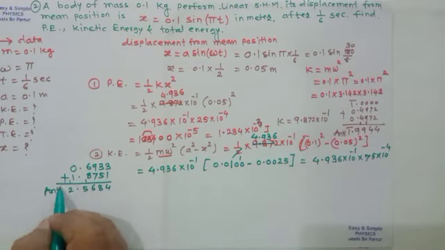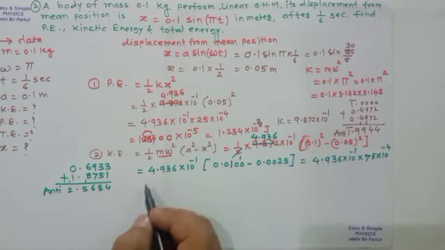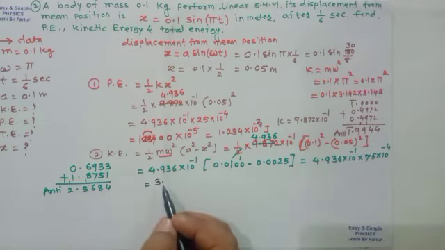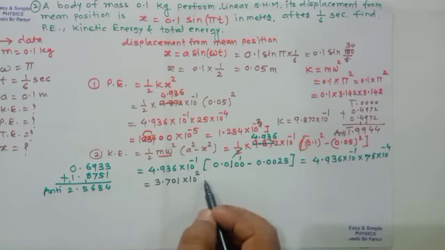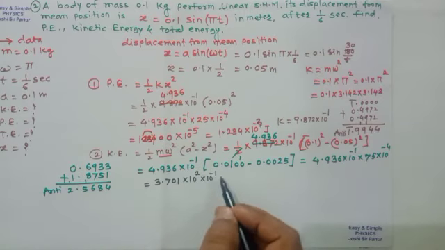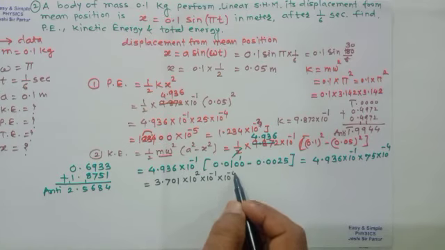If we take its antilog, we get 3.701 into 10 to the power 2 into 10 to the power minus 1 into 10 to the power minus 4.